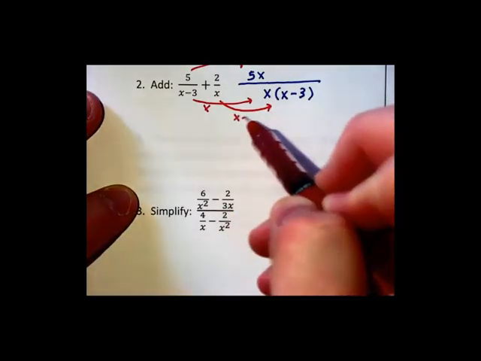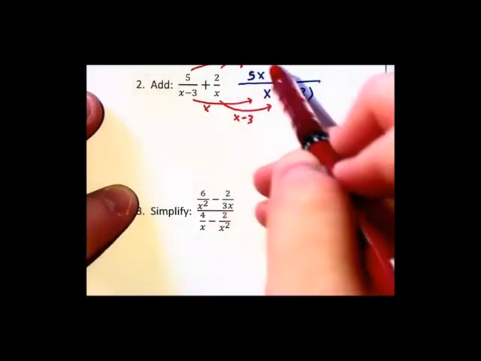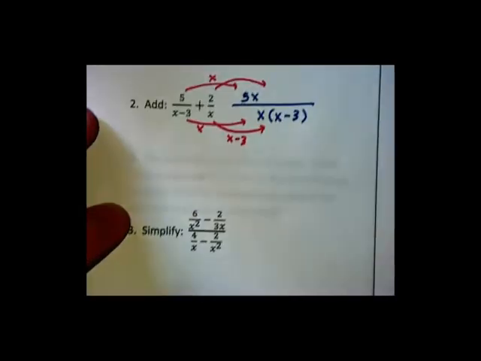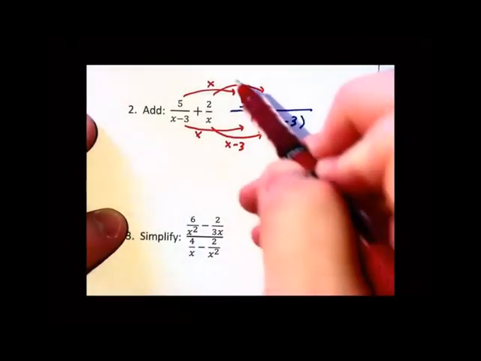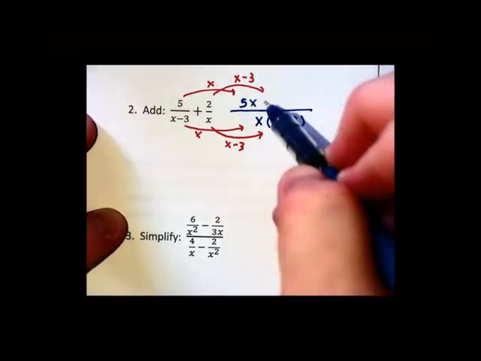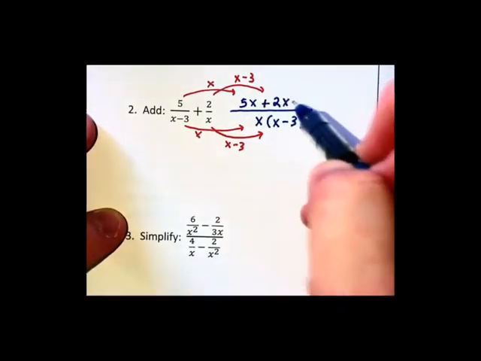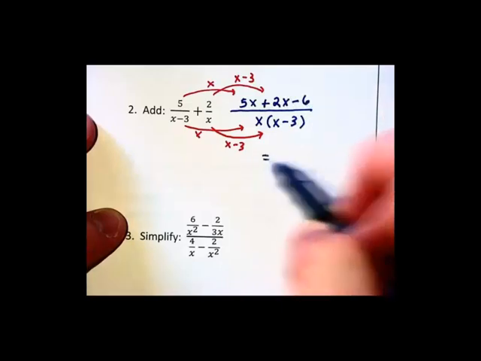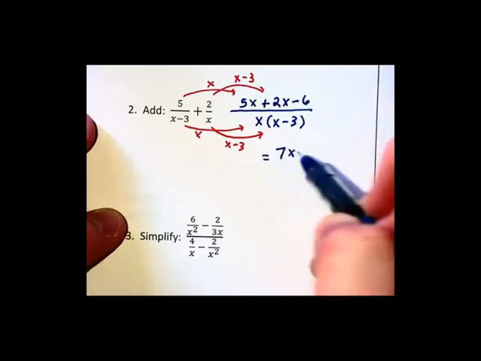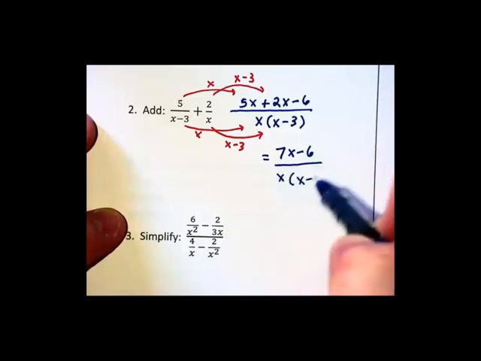We've multiplied by x minus 3 down below, so we're going to multiply by x minus 3 up above. Probably should have shown you that a little bit ago. So we're going to have plus 2 times x minus 3. That's going to be 2x minus 6. Combining like terms, we have 7x minus 6 over x times x minus 3.